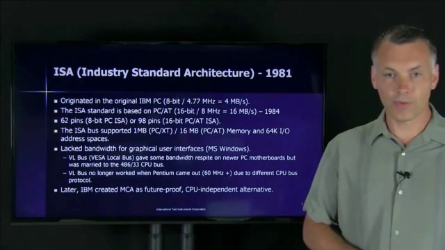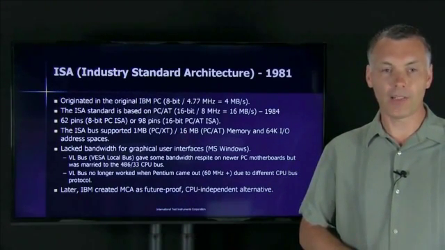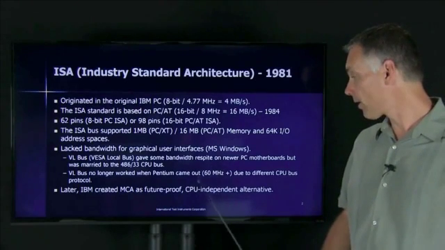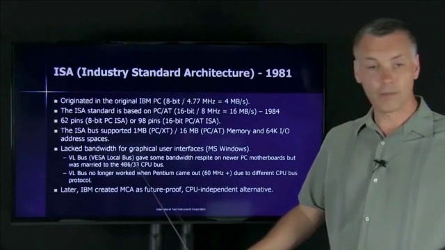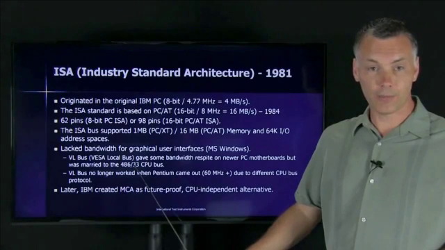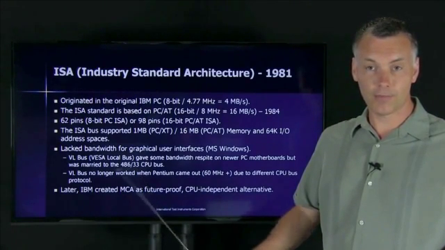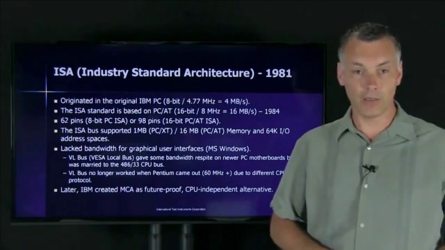And because the top of the line CPU at the time was the 486 CPU running at 33 megahertz, that was the bus standard for the VL bus.